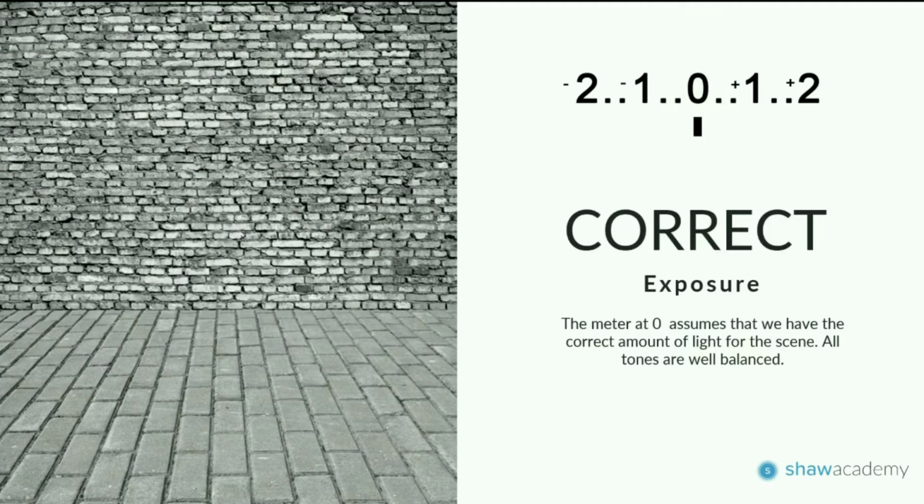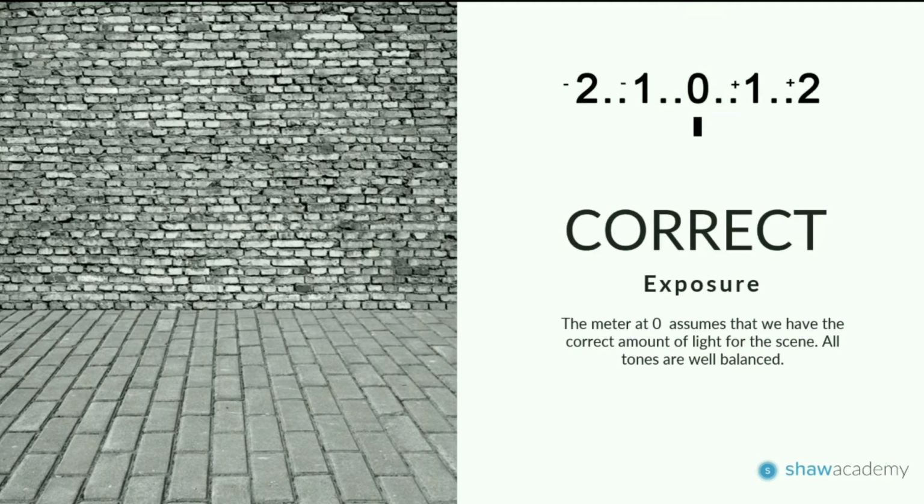So here we've got a photograph of a wall. Okay, not the most exciting photograph, but it's going to serve the purpose for displaying these differences in stops as we're cycling through using the light meter. So here we've got our light meter, it's at 0, and I know now that when the light meter is indicating 0, when I can see the little marker is in the center, that I have the correct exposure.